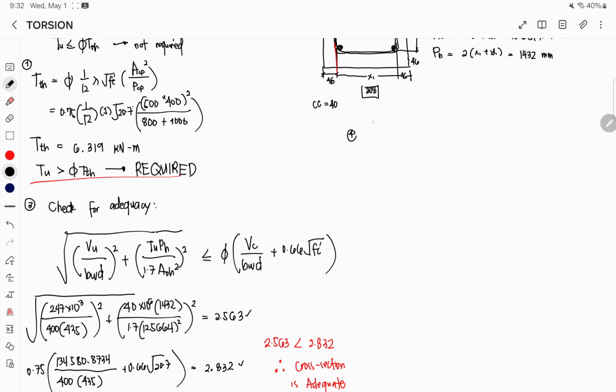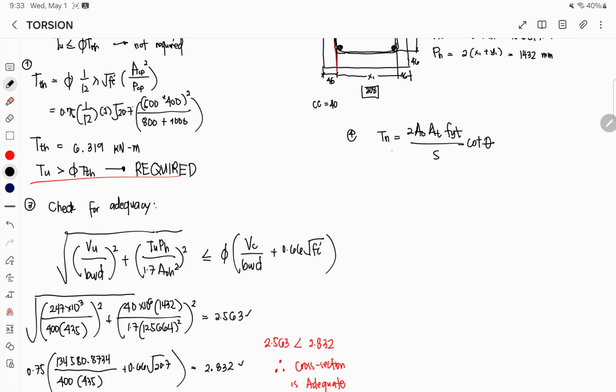Calculate the required spacing. So we have the value or the formula for Tn, that is equal to 2 times A sub O times AT times FYT over S multiplied by cotangent theta. Okay.